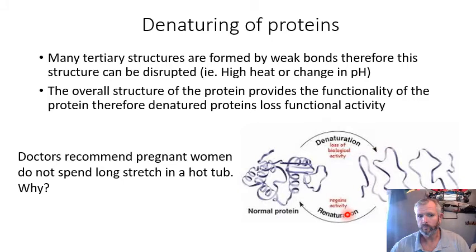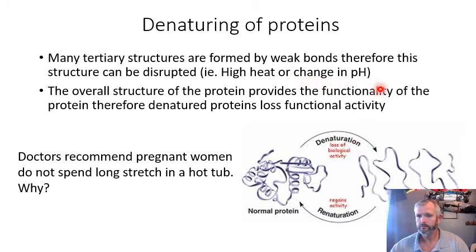One of the things that can denature a protein is high heat. Extreme heat can cause disruption in those interactions. That tertiary structure has interactions, and the secondary structure has interactions. You heat it up and it may disrupt those interactions, and the protein might unfold, or what we call denature.